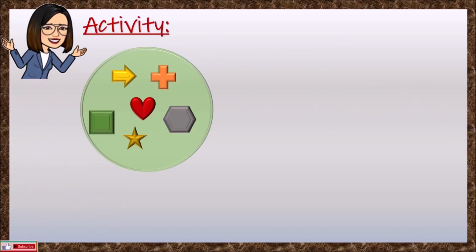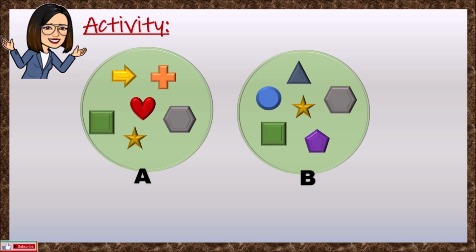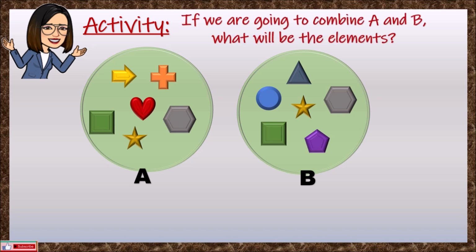Let's have a short activity. For example, we have two sets of different shapes, set A and set B. If we put the elements from set A and set B all together, what elements do we have?